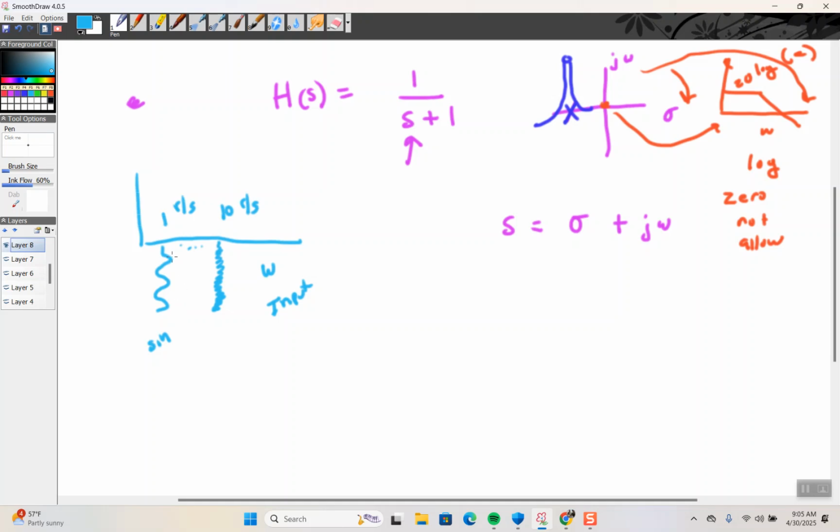So the inputs are all sine waves, phase equals 0, and they exist forever. They exist before the beginning of time, after the beginning of time, to the end of time, if that exists. Maybe we're all in a loop.